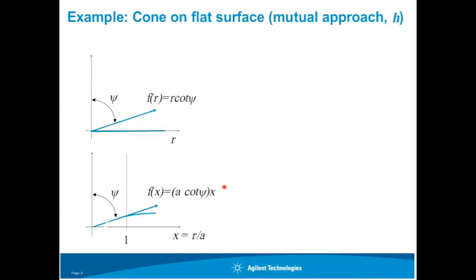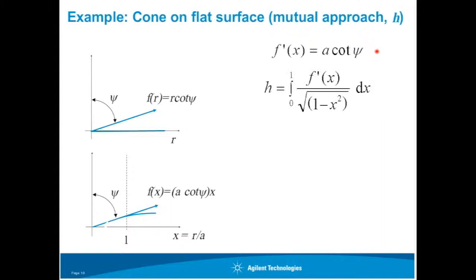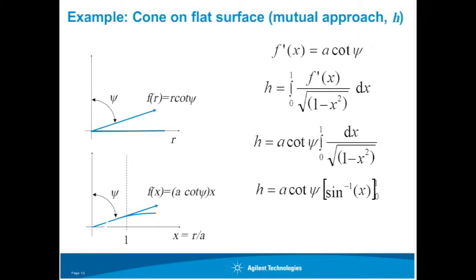So f of x is just a constant times our dimensionless variable x. So the derivative of f with respect to x is just a constant. So we plug this in here, and we use this expression for f prime of x, and that gives us a very simple integral, okay, which we perform and evaluate from 0 to 1.